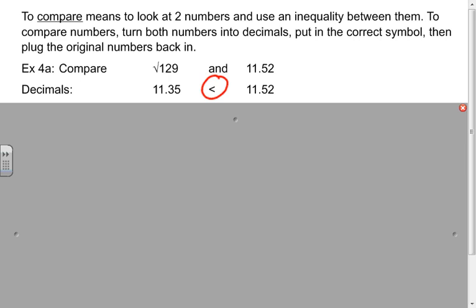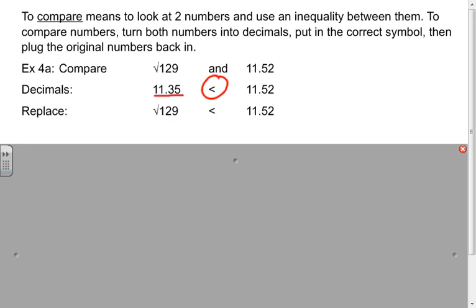But 11.35 wasn't one of the numbers in my problem, was it? So I can't use it when I write down my answer. I have to change 11.35 back into the square root of 129 before I make my final answer. This line here would be my final answer. It has the numbers that I started with, and it has the inequality symbol.